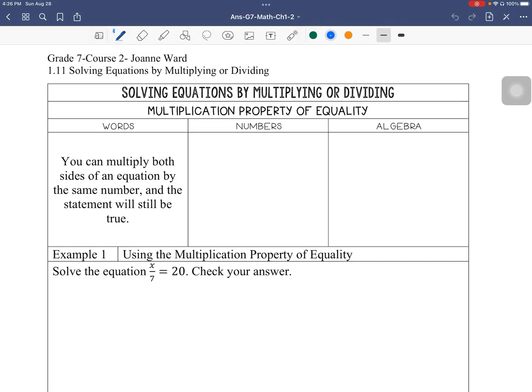So Course 2, 1.11 is solving equations by multiplying or dividing. The multiplication property of equality is that we can multiply both sides of an equation by the same number and the statement will still be true. So now I have some numbers. 3 times 4 equals 12.